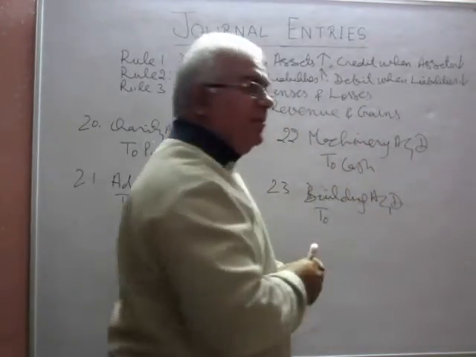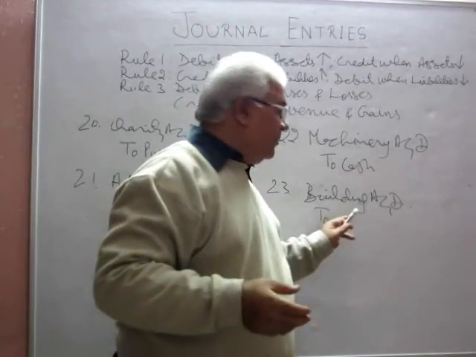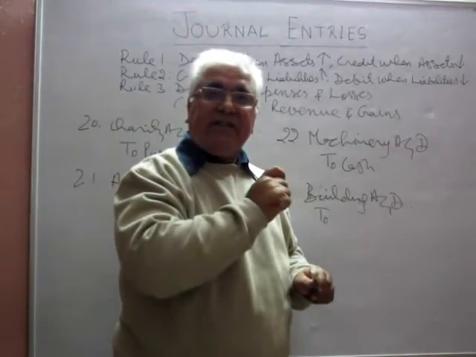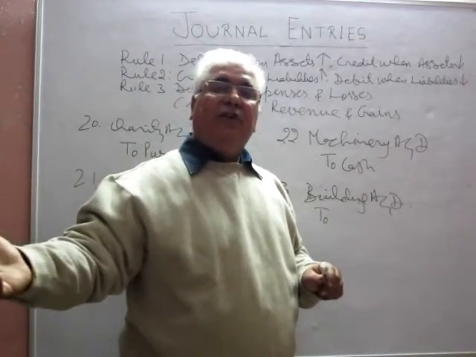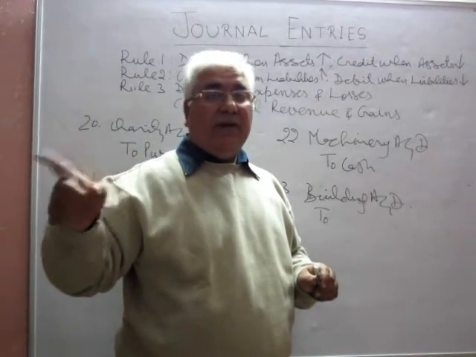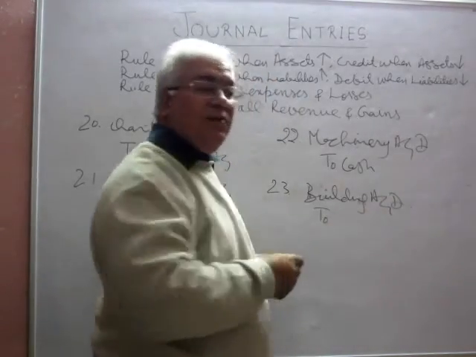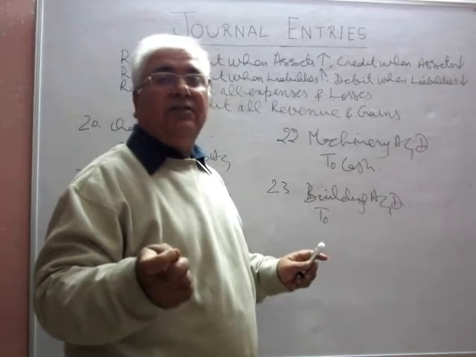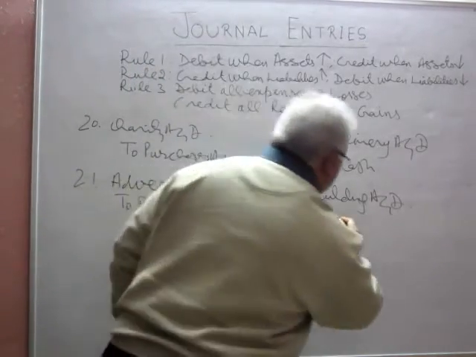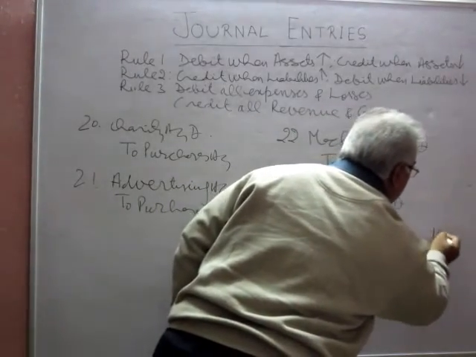This account is debited because an asset has come into being, an asset has increased. And since we have not paid anything in cash, we have taken materials from our own stores, and those materials when bought were debited to purchase account, hence here purchase account will be credited. For example, you have used material worth say 10,000 from the stores. So you will credit the purchase account by 10,000.